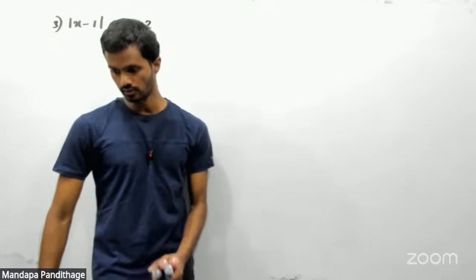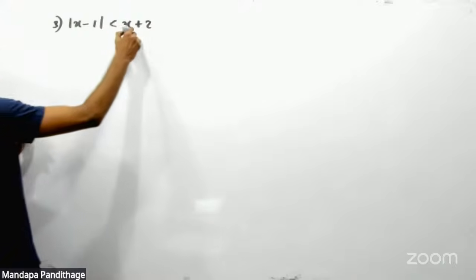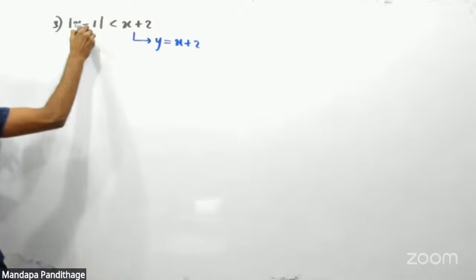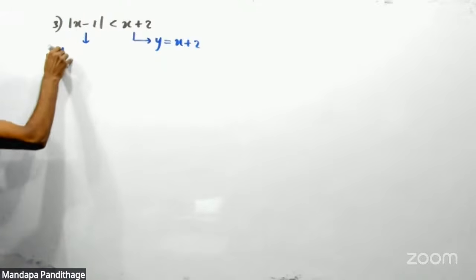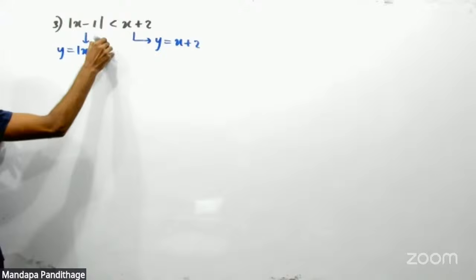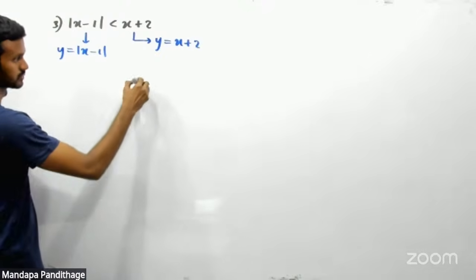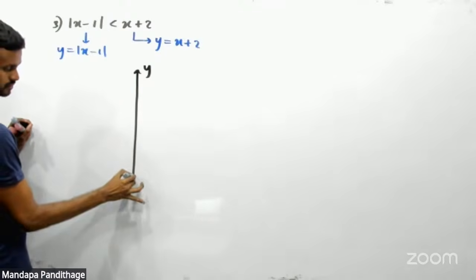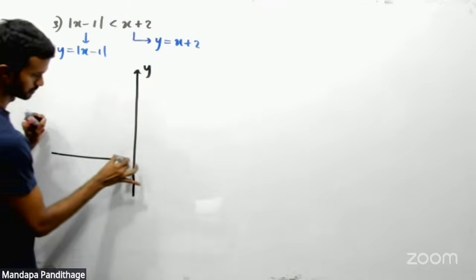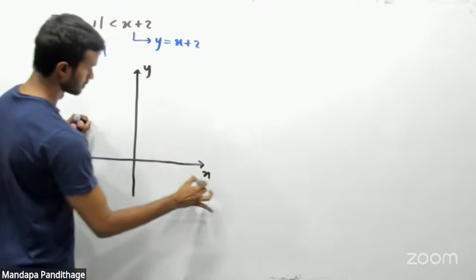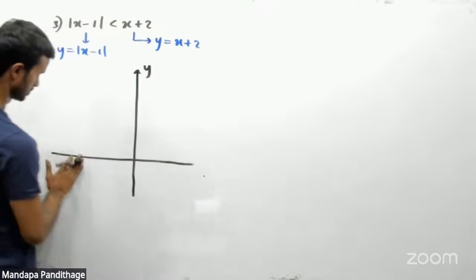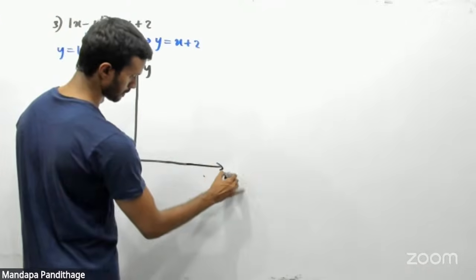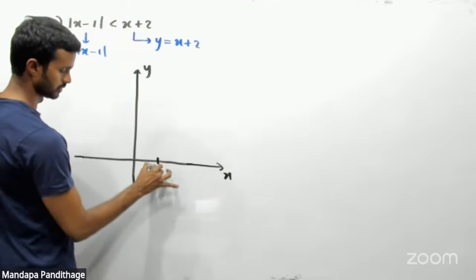Okay. In this case, the two graphs that you have to draw are y equals modulus x minus 1 and the other one is y equals x plus 2. So first draw modulus x minus 1, which is going through this point.